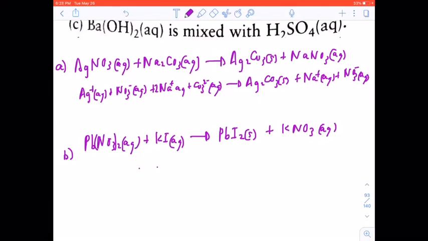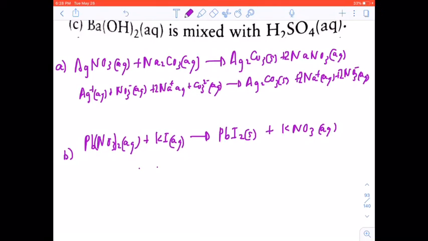And I've just realized that I haven't balanced the top equation here. I haven't balanced the top one, which would mean that would have to be 2Na, and that would be 2NO3, right?